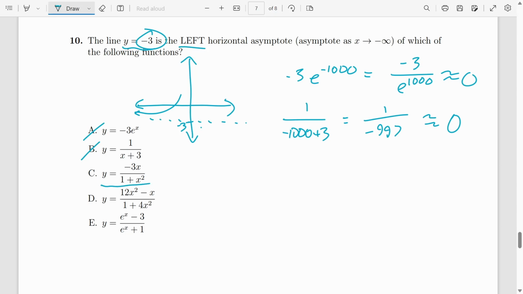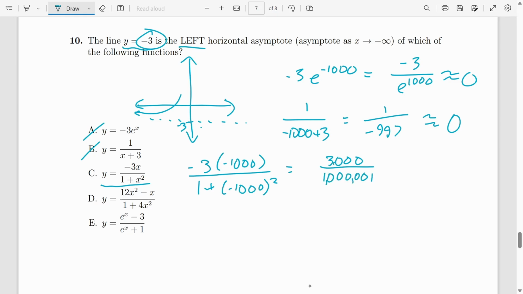C, y equals negative 3 times negative 1,000 all over 1 plus negative 1,000 squared. So this is 3,000 over 1 plus a million, so a million and 1. Yeah, that is also not really close to negative 3.